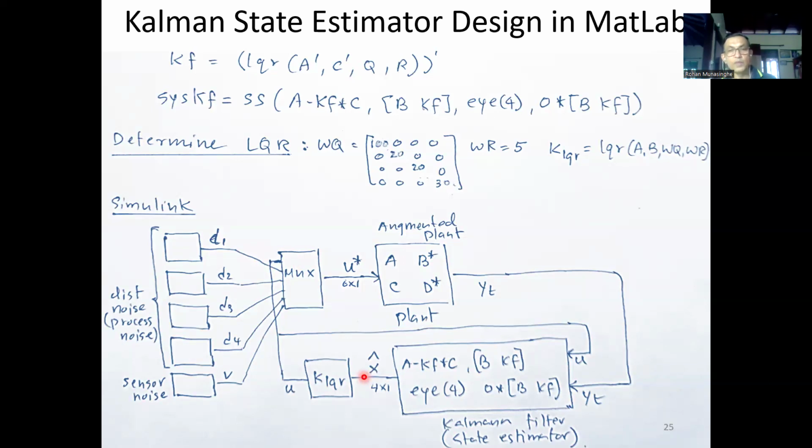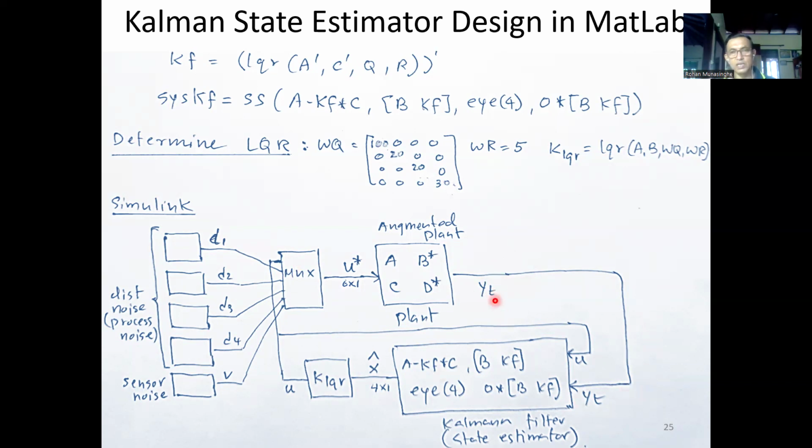Okay. This YT is not available for measurement for whatever reason. Right? You don't have the full state vector. Because of that, you cannot feed it back and you cannot design a controller. But when you have the Kalman filter in place, right, with just one sensor reading, this YT is just one sensor reading.